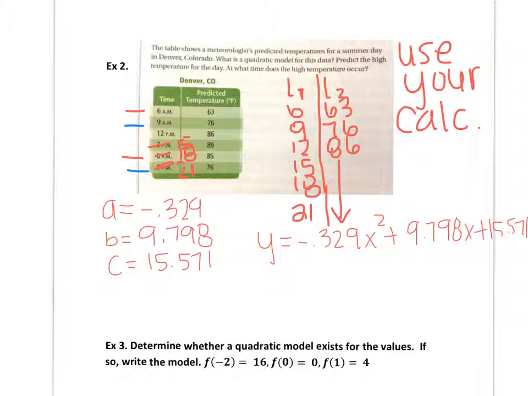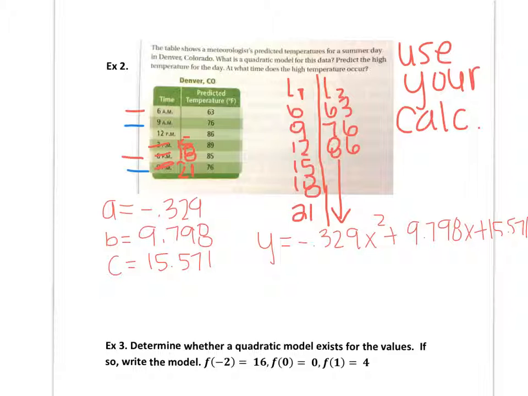Now the second question says, predict the high temperature for the day. Okay, so how we're going to do that is we're actually going to take our calculators now, go to y equals, and put in the equation that you just wrote. So into y equals, you're going to put in negative 0.329x squared plus 9.798x plus 15.571.